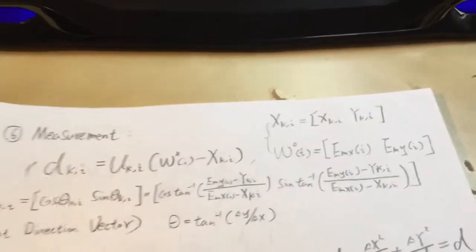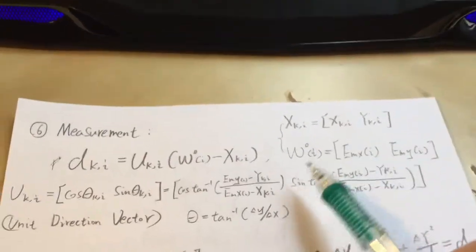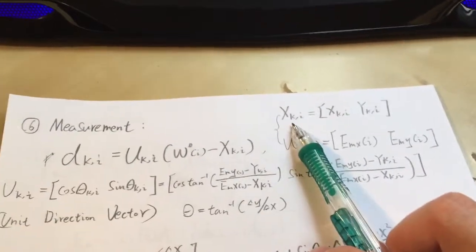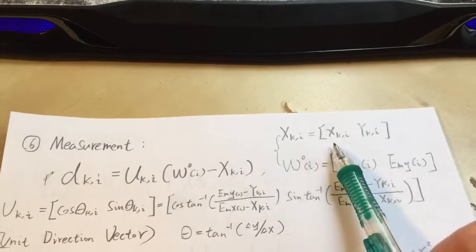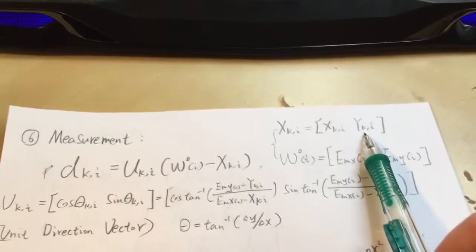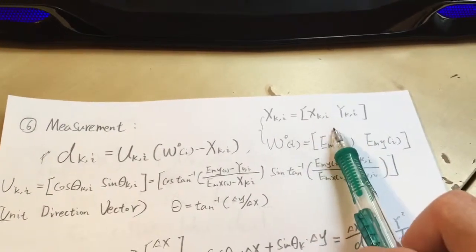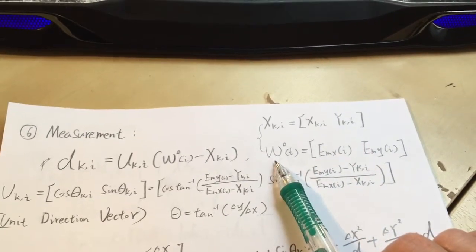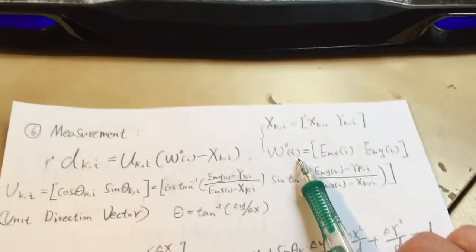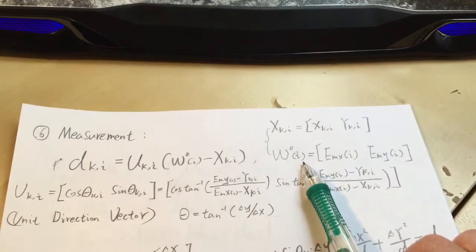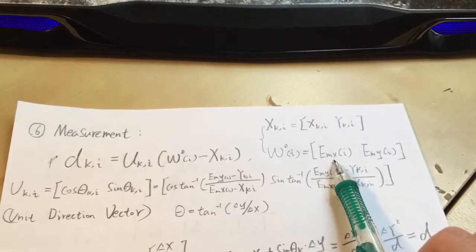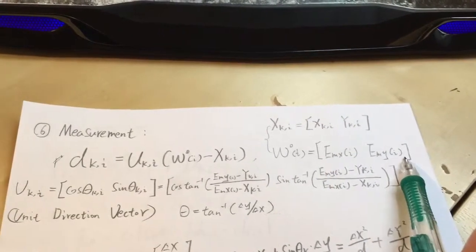Since we're using 2D Cartesian coordinates, the sensor location will be x_k, y_k, and this is fixed. We know the location. And w0 is the target location, which is unknown, because we will set up emitter x, emitter y.